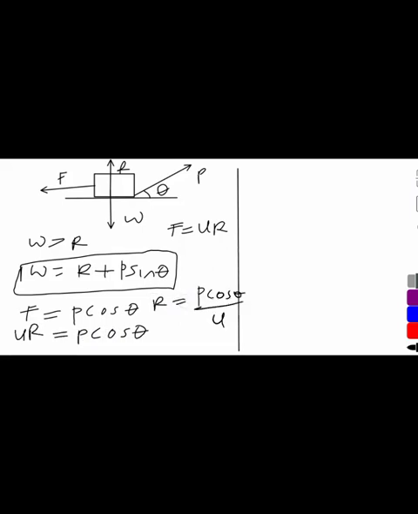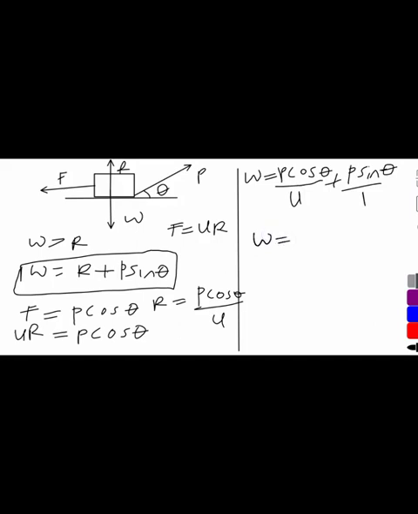So let's substitute this R here. If we are substituting R there, W is equal to P cos theta over mu plus P sin theta. We can find the LCM here.